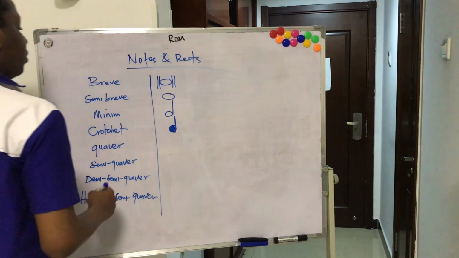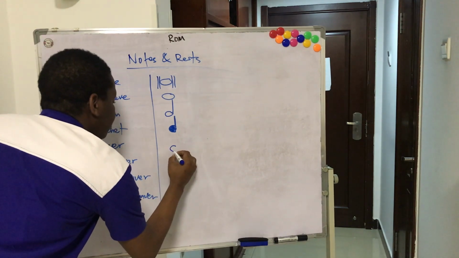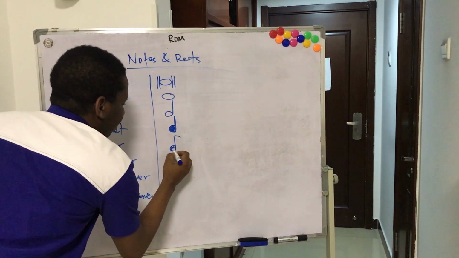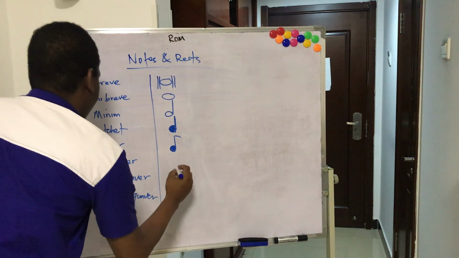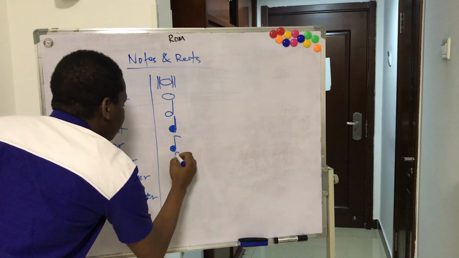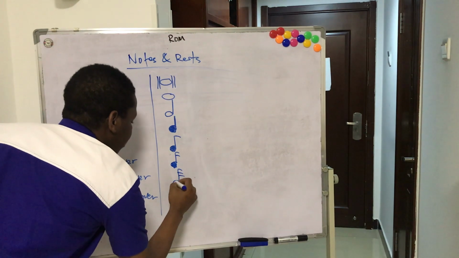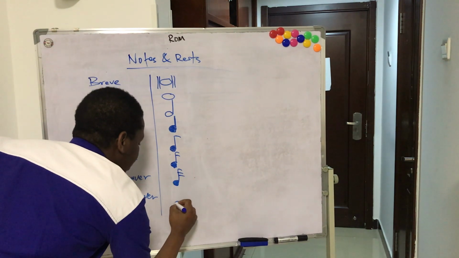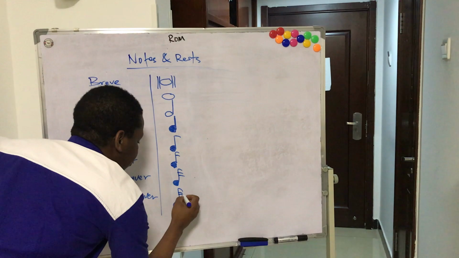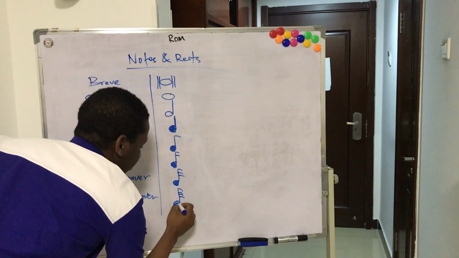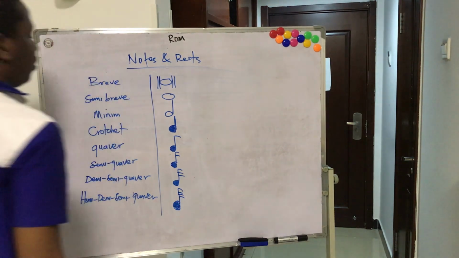Quaver is this with the stem and the flag. Semiquaver is this with two of that, and of course this is 3 of that, and lastly this is 4 of that.